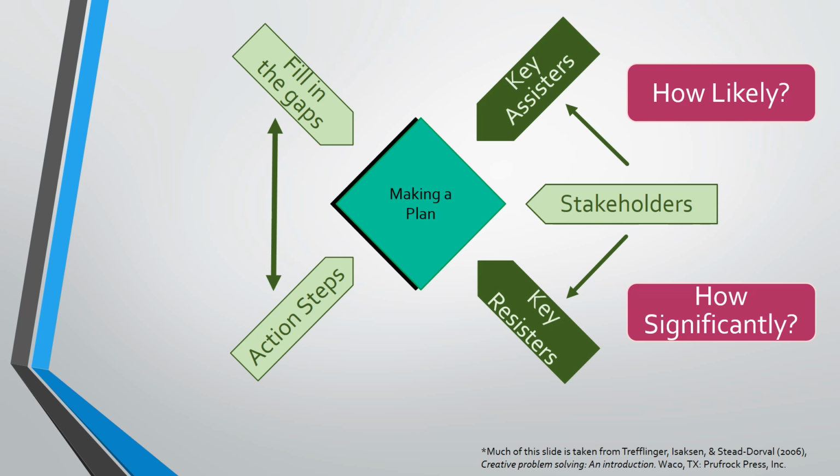For likely and significant assistors, you need at least one action step seeking their assistance and enlisting that assistance in places where they can really help. Find a place where assistors who are very likely to help you out will be able to help you out. Now, for likely and significant resistors, you need at least one action step identifying how you will either avoid the resistance before it can arise or deal with it when it does.